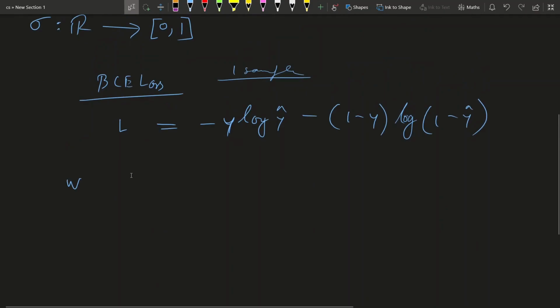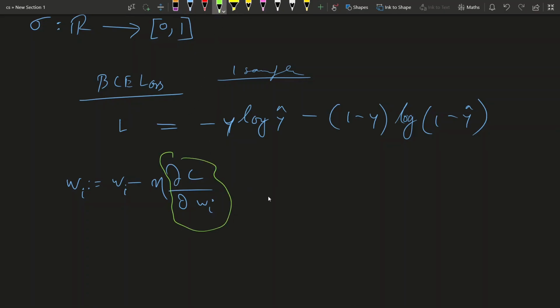The weight update step is similar to that of linear regression, where eta is the learning rate, times del L by del W. If you want to update a specific W, then you have to differentiate the whole loss function with respect to that specific W. So let's go ahead and find out what this expression will be, which means del L by del W.